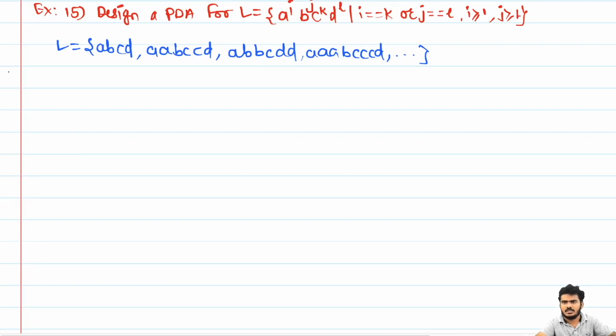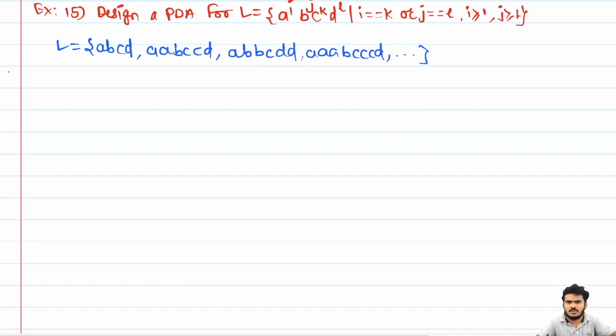Okay, and at the same time i is greater than or equal to 1 and j is greater than or equal to 1. So if you write some strings belonging to this language, the string becomes ABCD when i is equal to 1 and j is equal to 1.